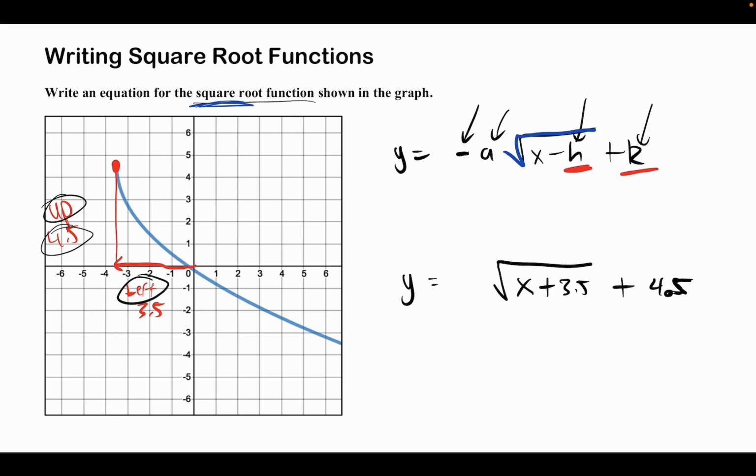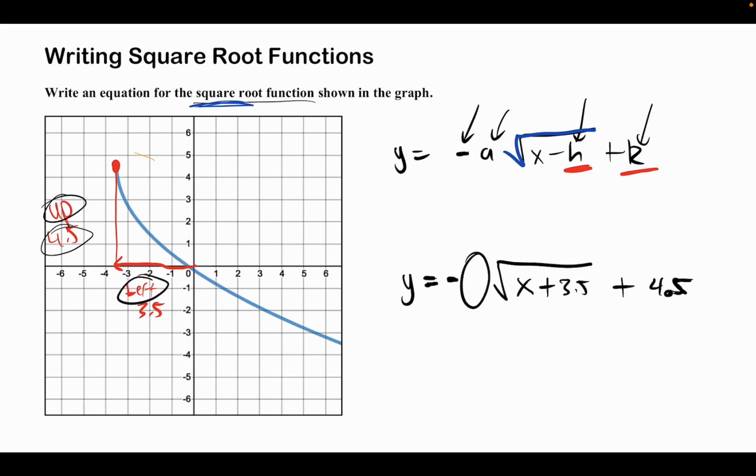And then you can also see that the graph is not hooked upwards, it's actually hooked downwards, which is negative. So we also know that there is going to be some sort of a negative number times in front of the root.